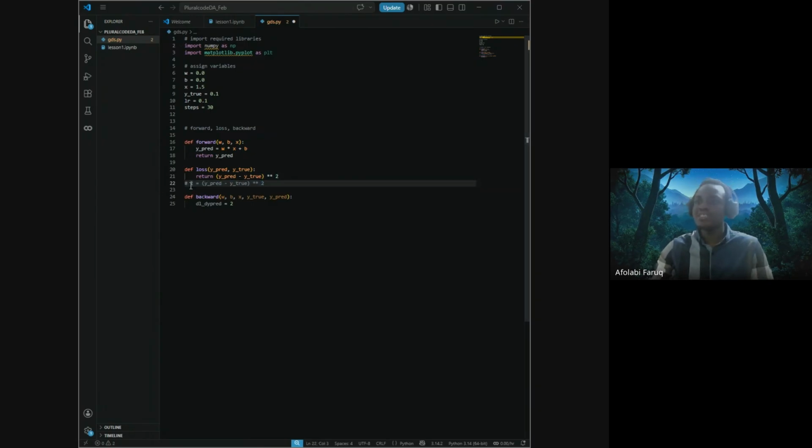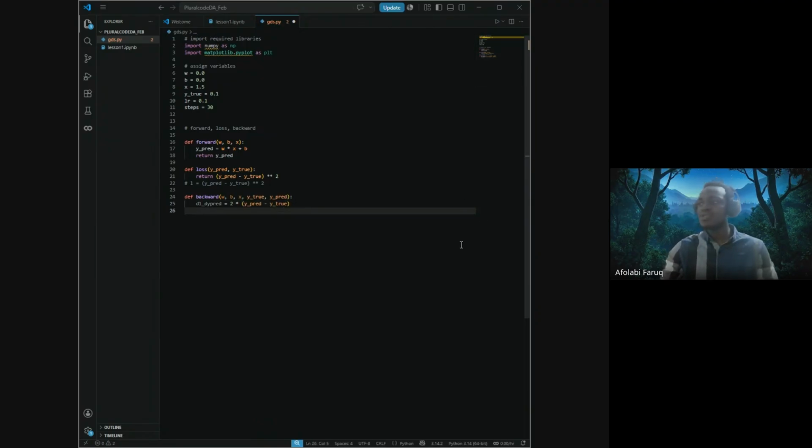If we are differentiating L with respect to y pred, then we are going to have 2 times (y pred minus y true). That's just basic differentiation. So it is 2 times this, y pred minus y true.